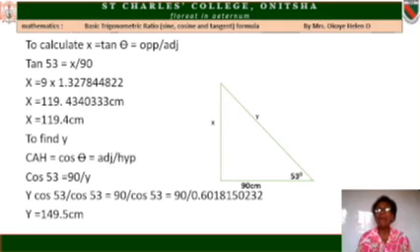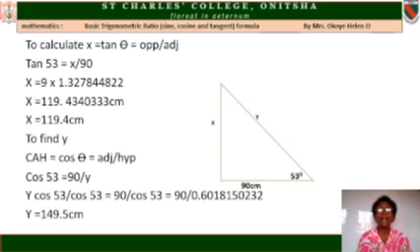You can see we have hypotenuse, adjacent, and we have the opposite. We have got the answer for opposite. We are going to use adjacent over hypotenuse, which is cosine. Cos theta, A is adjacent, H is hypotenuse. So cos theta equal to adjacent over hypotenuse. So cos 53 degrees, what is our adjacent? 90 cm.